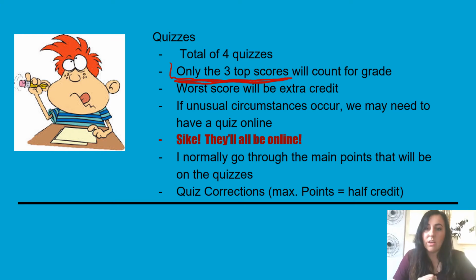Also, with every quiz, every time we take a quiz, I will allow you to make up the quiz questions that you got wrong. So you can go ahead and redo them for half credit.